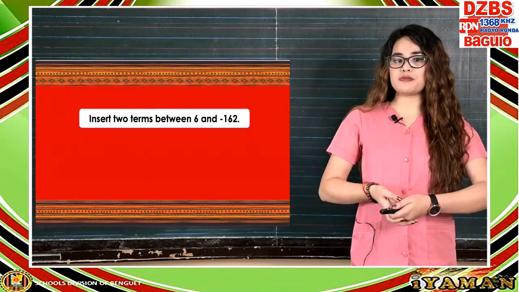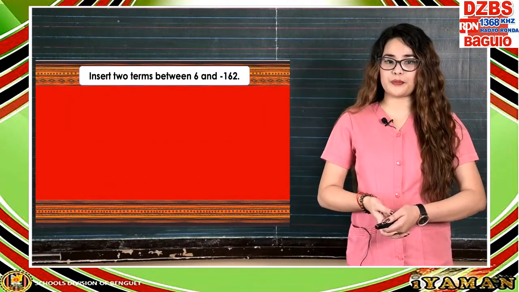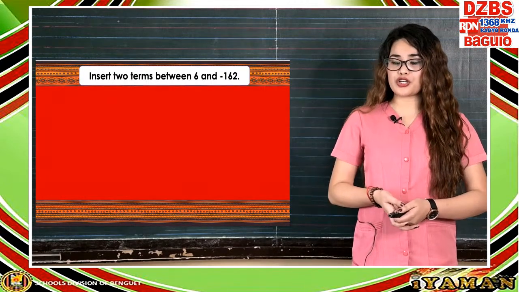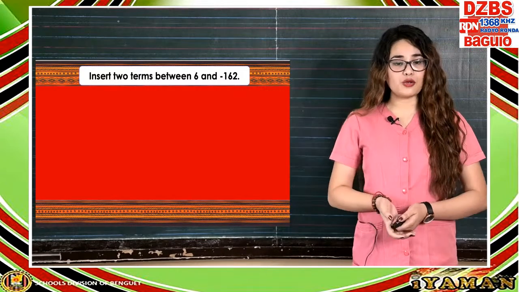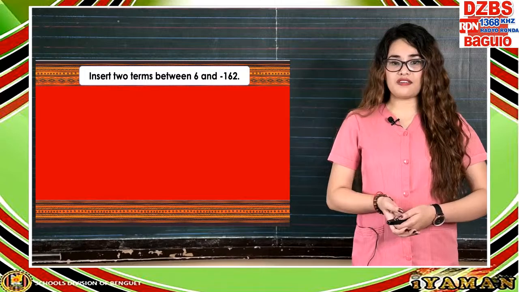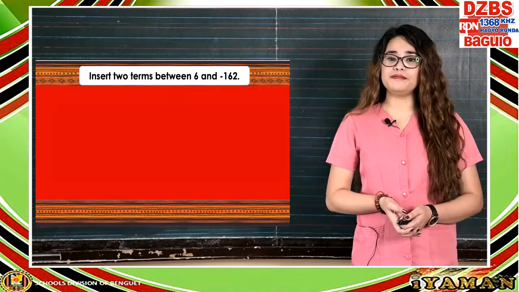Insert two terms between 6 and negative 162. Since there are two missing terms, then there are 4 terms in the sequence. Let us identify the given values. What is the first term?